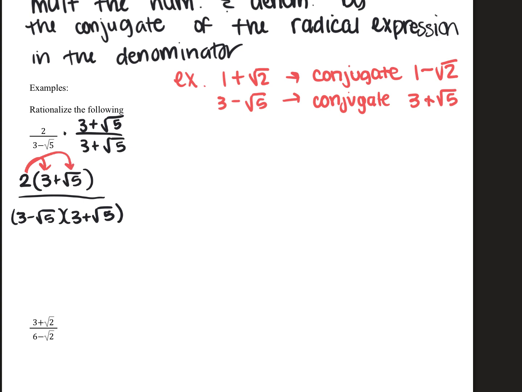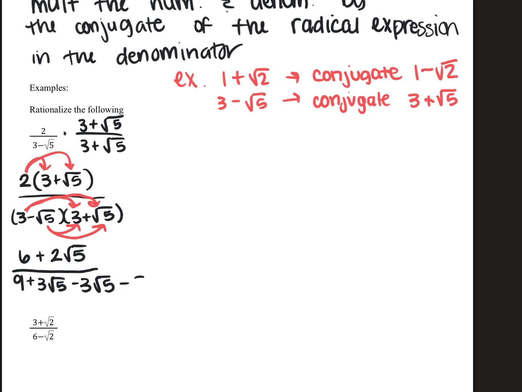So 2 times 3 is going to give me 6, plus 2 times radical 5. Then in my denominator, just like what we did before, everything in the first set of parentheses multiplies to everything in the second set of parentheses. So we get 9 plus 3 radical 5 minus 3 radical 5 minus 5.